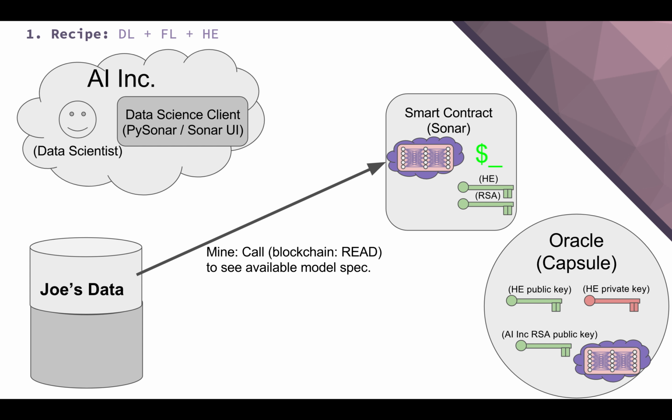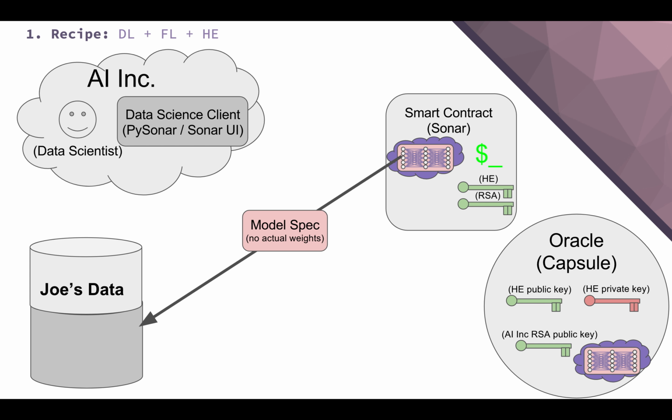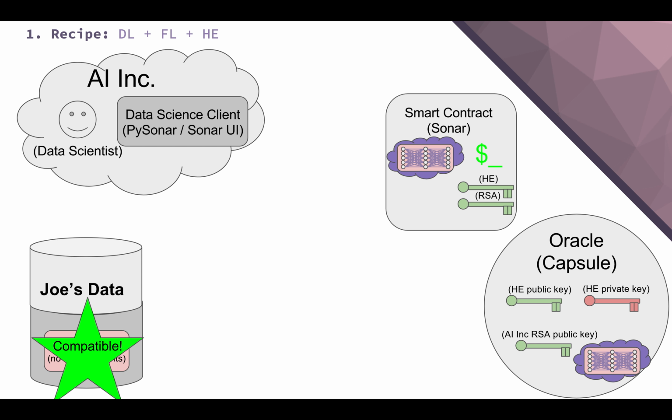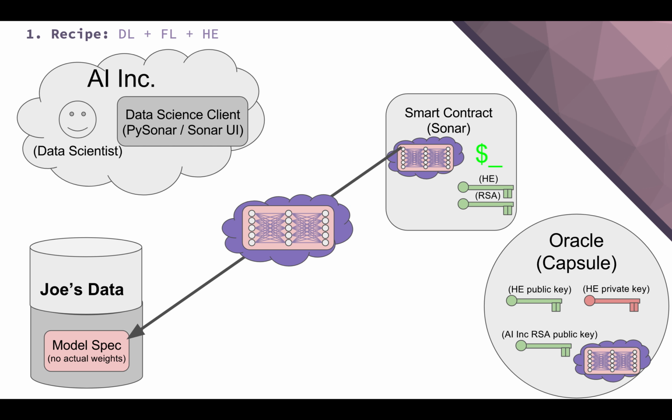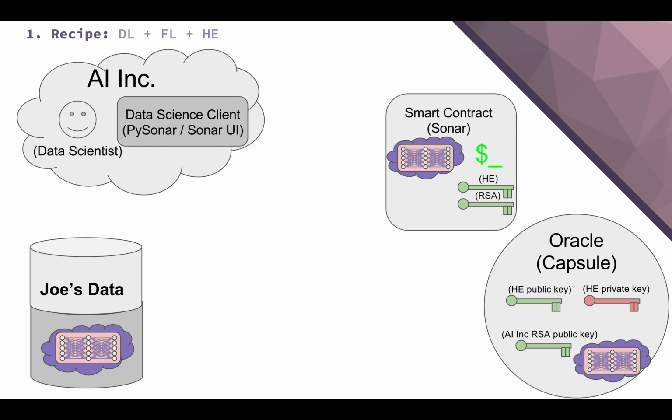So now we will cycle through the training piece again. Joe will call requesting model specifications. Model specifications are now sent down to Joe, viewed as compatible. Now Joe will request the model, most likely via interplanetary file system. The encrypted model with the randomly initialized parameters will be sent down to Joe.